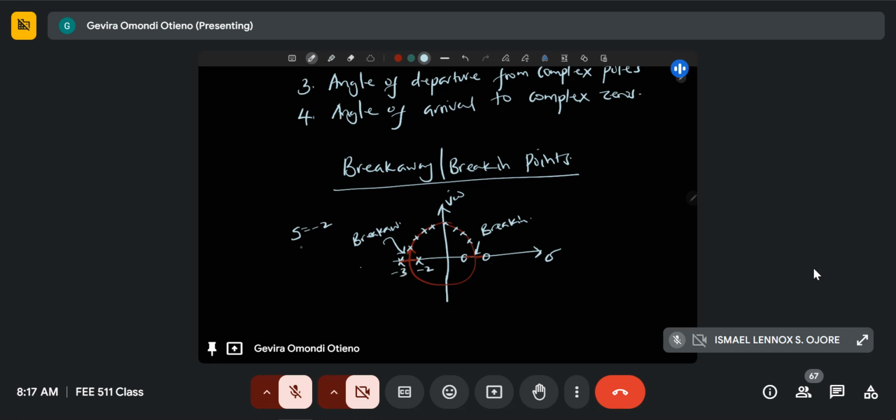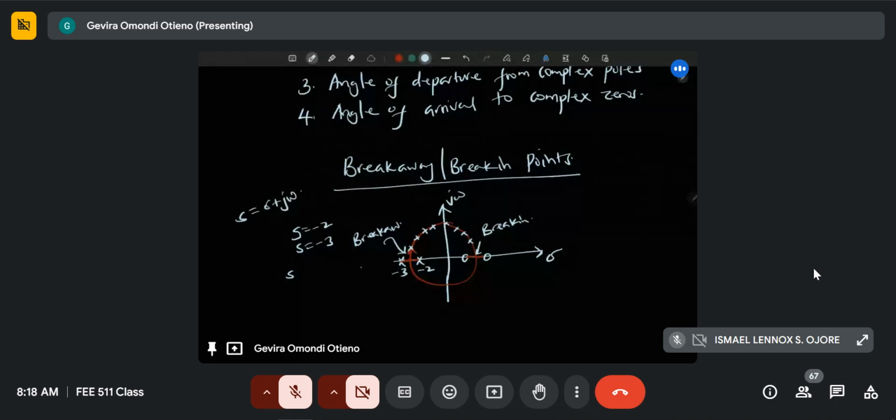But once the poles are on the real axis, our S is now real. We know that S equals the real part plus the imaginary part, but if the poles only exist on the real axis, then S equals sigma.